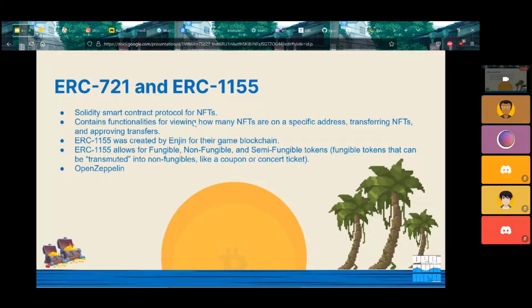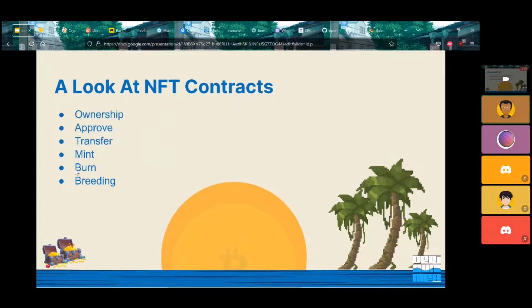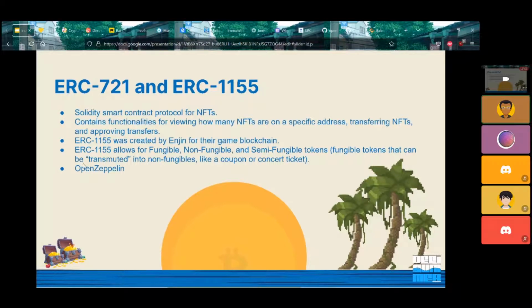To explain semi-fungible tokens: imagine a coupon that's fungible, which you can transfer around, but after you use it, it becomes non-fungible. The general ideas for these protocols are provided by OpenZeppelin, and we're going to step through that a bit here.